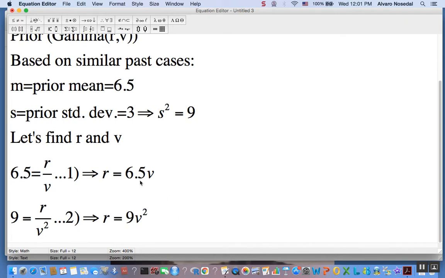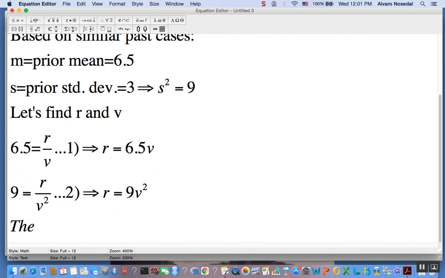Then we just use the fact that these two equations have to be satisfied. So what we have is that 6.5 times V equals 9 times V squared.